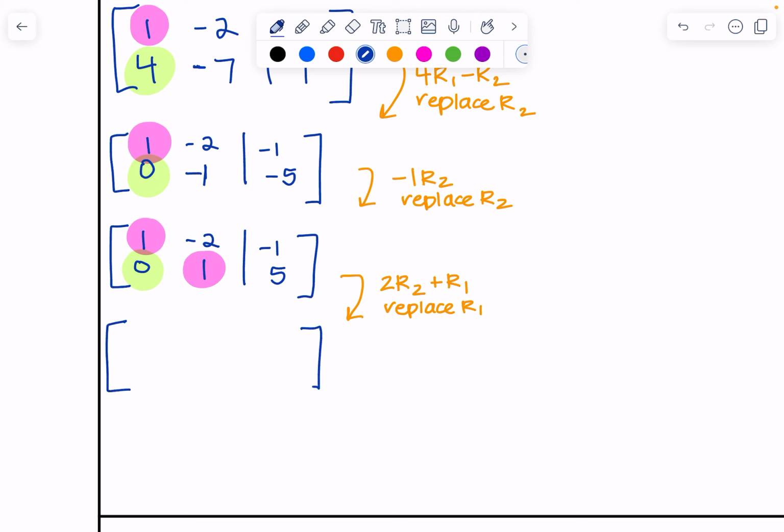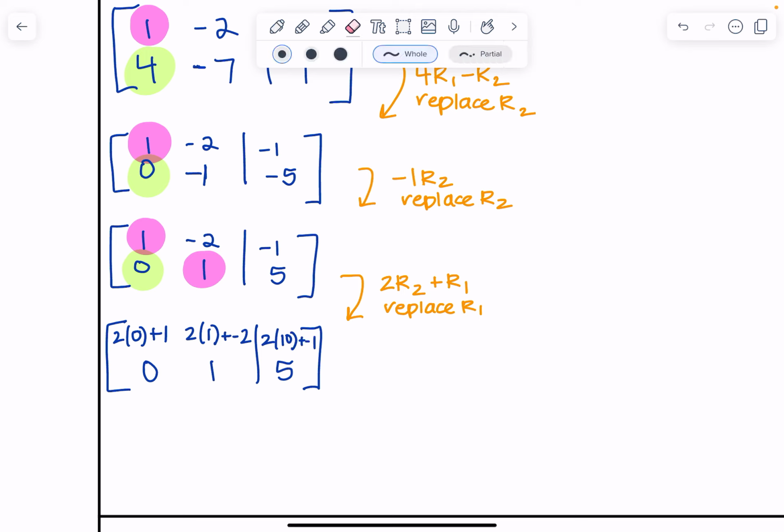I'm keeping row 2 this time, so I'm keeping 0, 1, and 5. Again, I'm doing this all by hand, but I would do this in a calculator for sure.